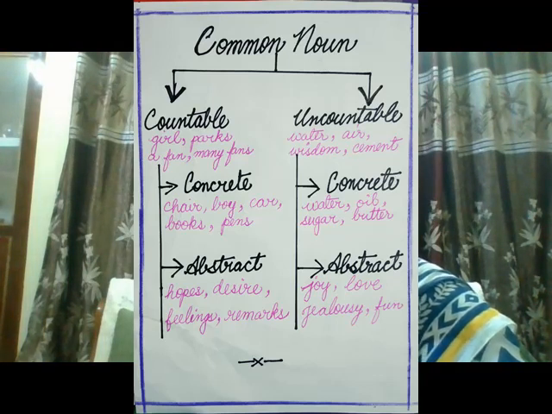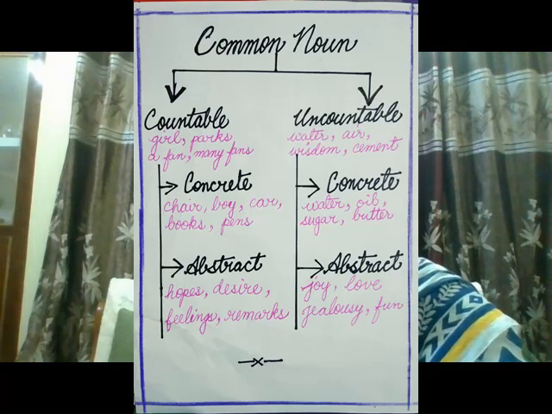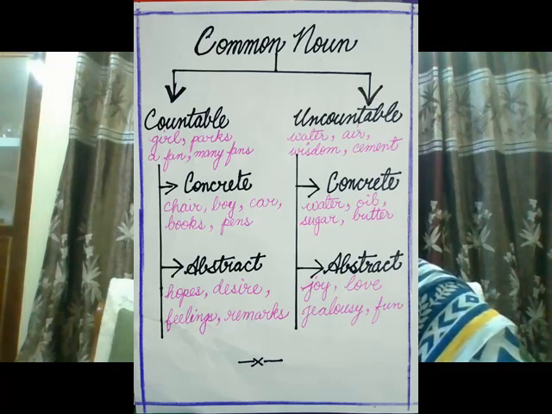Chairs means it can be more than one. There can be 2 chairs, several chairs, 10 chairs, 100 chairs. Then in concrete countable we have boy, boys, car, cars, book, books, a pen, many pens.